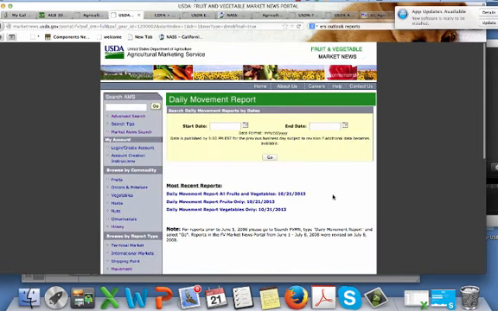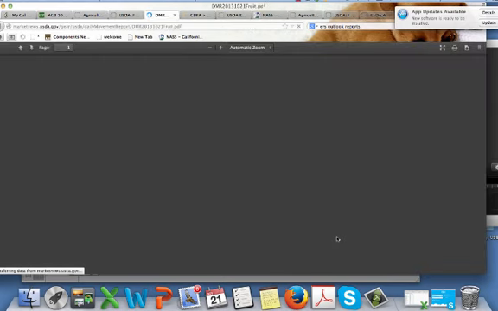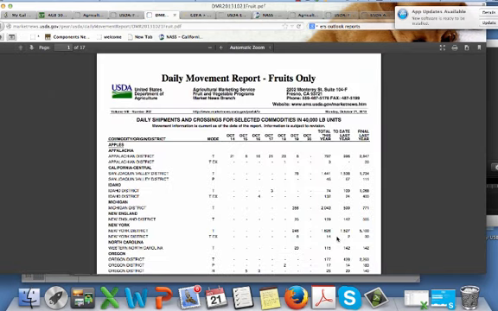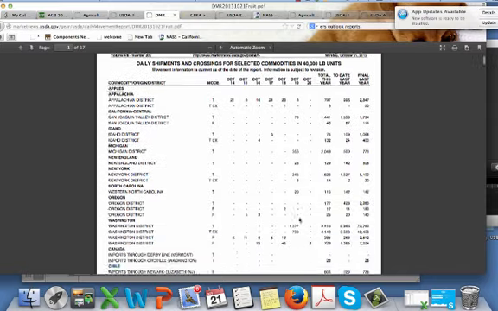So again, we can look at different dates. If your product is not in season, you should go back to when it was most recently in season. If you know you have a fruit, so we're keeping in the pear world right now, these are listed alphabetically.